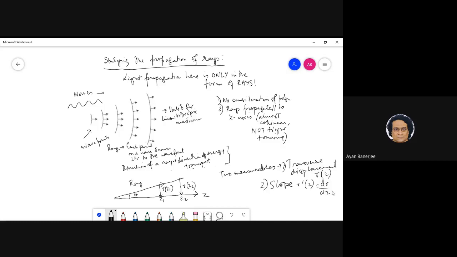Essentially, these are the two things which tell me everything about the ray in the treatment that we are going to follow: the displacement of the ray from the z-axis, which is this one, R of Z1, R of Z2, and the angle that it makes. That is what we trace when we try to find out how a ray interacts with an optical medium, with a lens or a mirror or something like that.